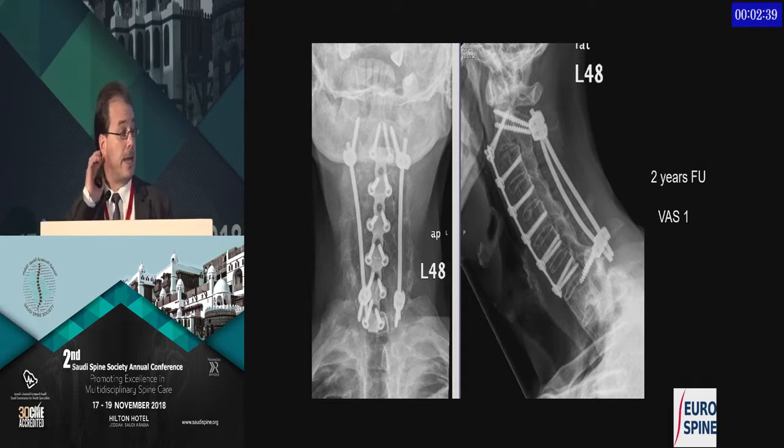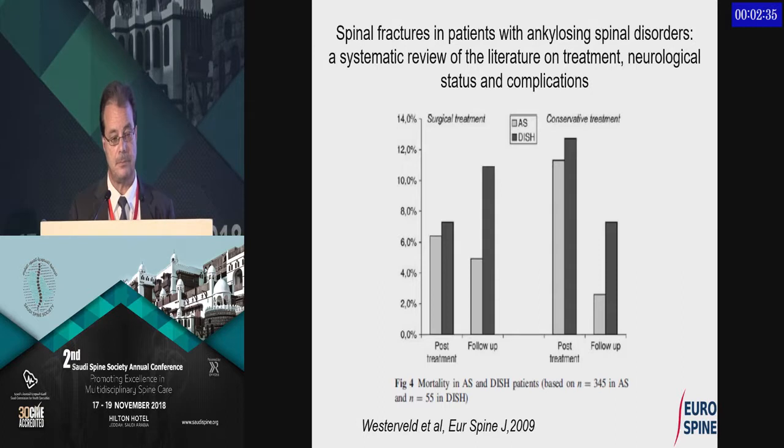So again, these ankylosing spondylitis patients heal very nicely. If you look at the literature, it's also clear that they usually do better if they are stabilized with surgery, rather than having any efforts with halo vests or whatever.